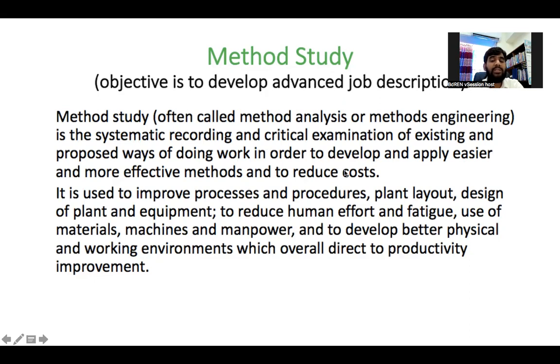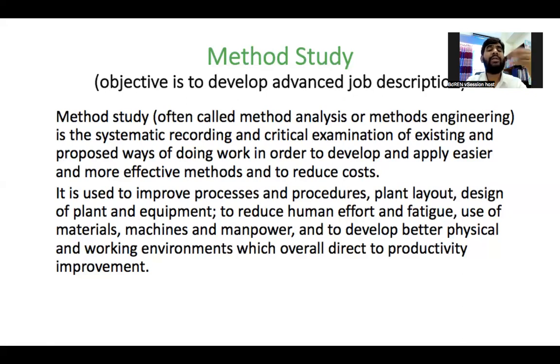Reducing cost is also improving productivity. The cost is the input. If you can reduce the input, then your productivity will improve. So method study will help you improve productivity, and this can be done in two ways. Number one, increasing the output with the same amount of input. For example, you are an officer and your output is 100, and with a new method your output has increased to 120.